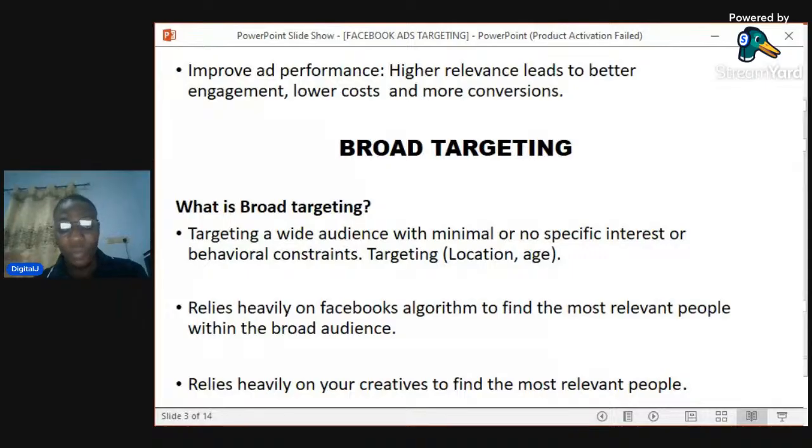Now, since you are not targeting based on interest, based on how people behave, Facebook will have to do the heavy work for you. Understand? Facebook will have to find the people that will be interested in your service and your product, because you will not be putting any interest. You are just going to target broad based on location and age.